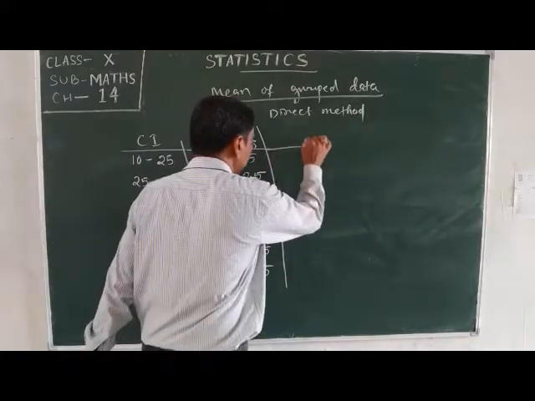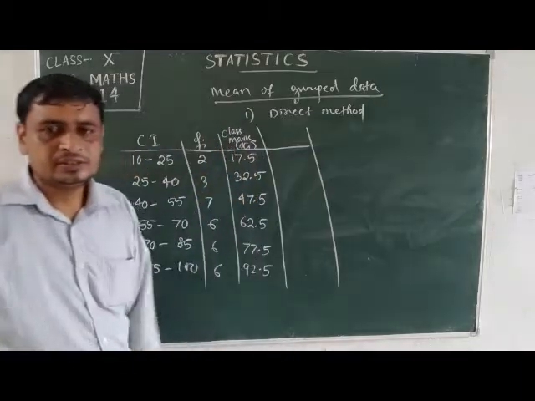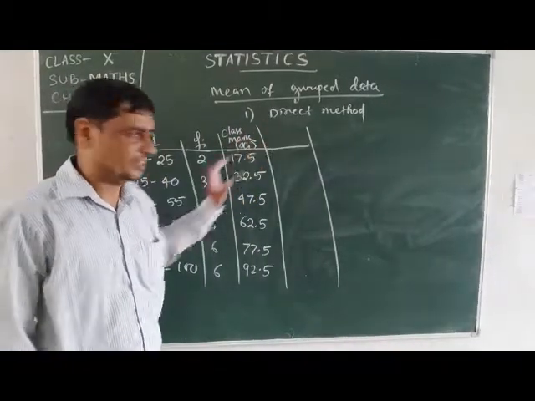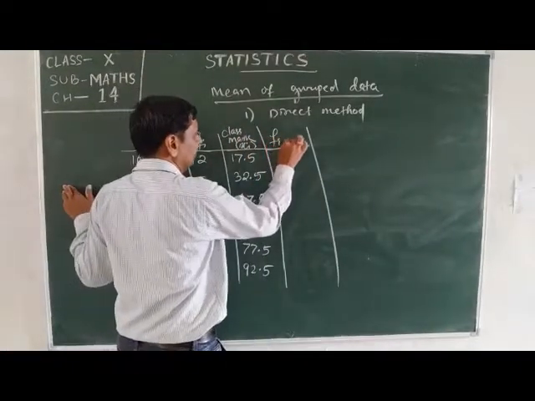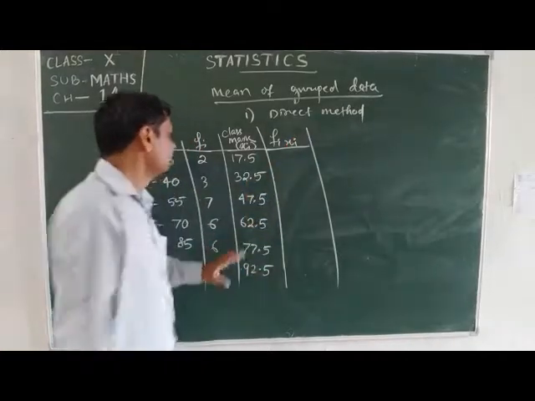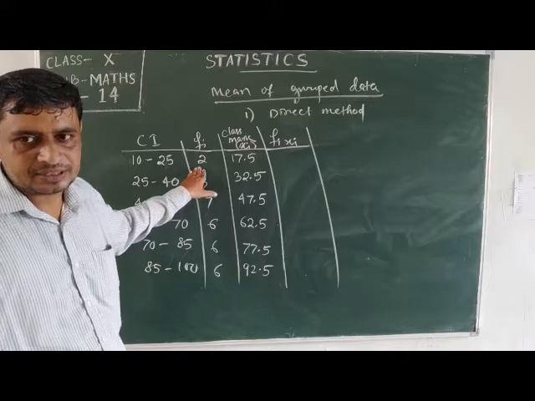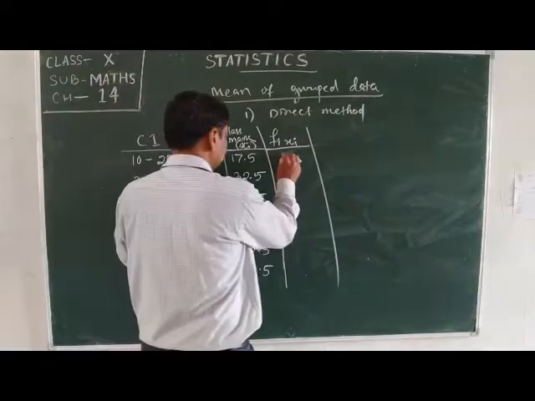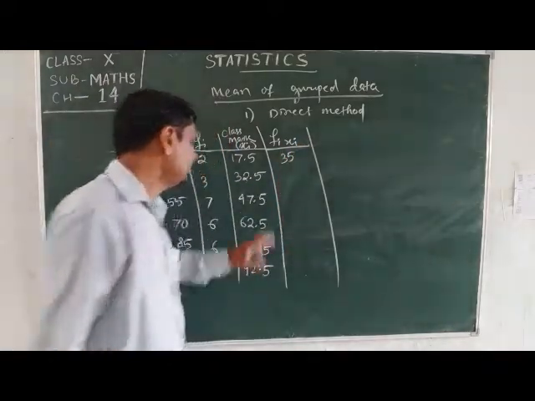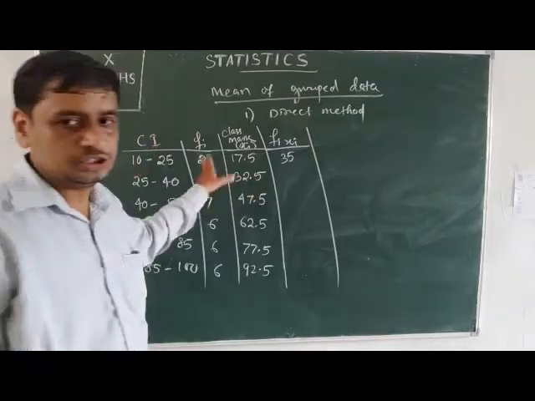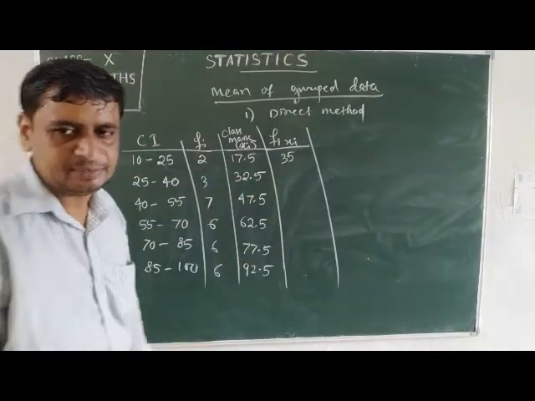Now, we will find the fi xi term. 17.5 into 2 becomes 35. Similarly, 32.5 into 3 becomes 97.5.